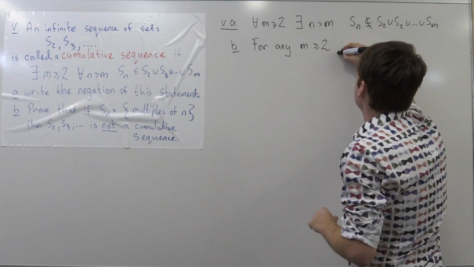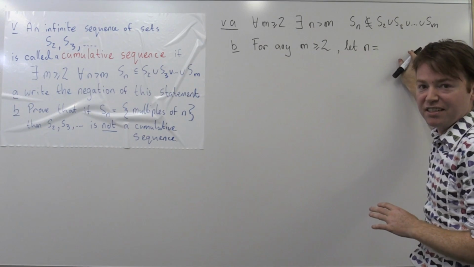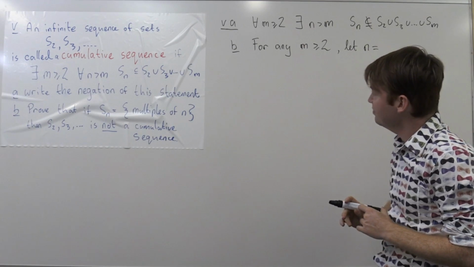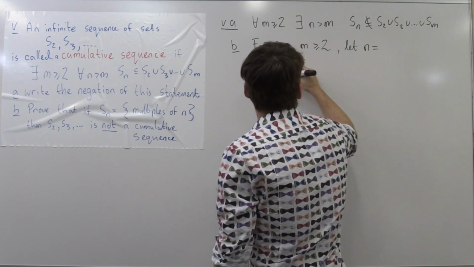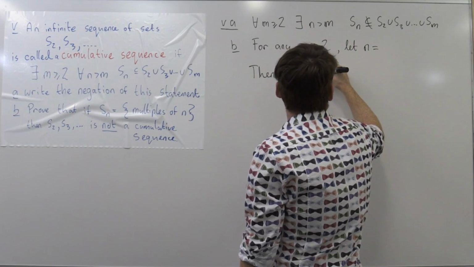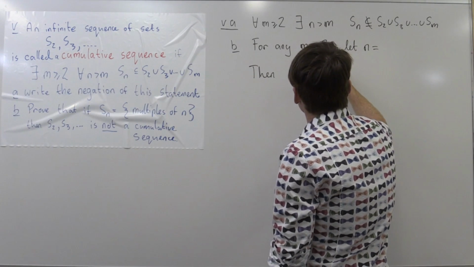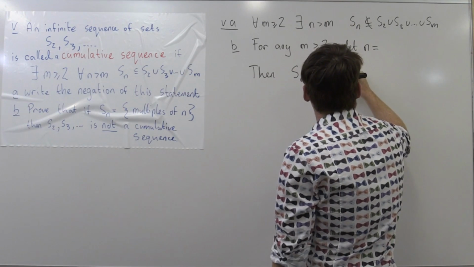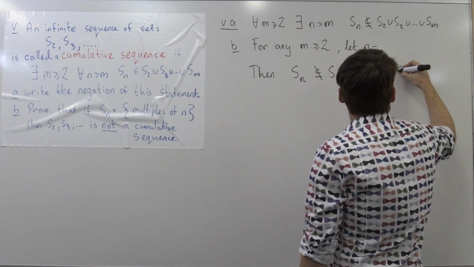So let n equal, and I'll fill that in in a moment. Then Sn has to not be a subset of the others. So Sn has to be not in S2 union S3 union up to Sm.